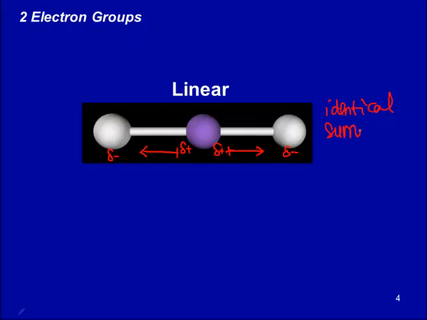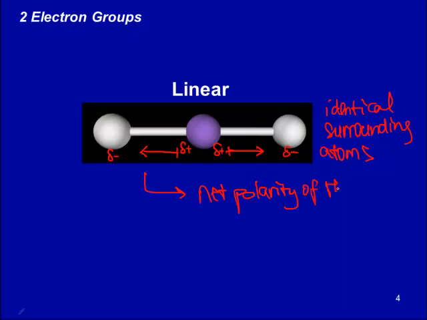Because you have two identical surrounding atoms, the net polarity of the molecule is zero.